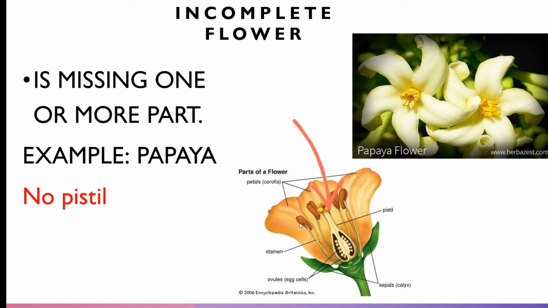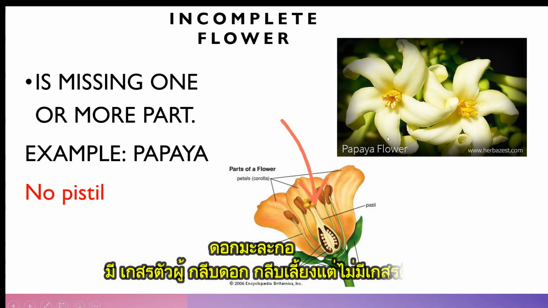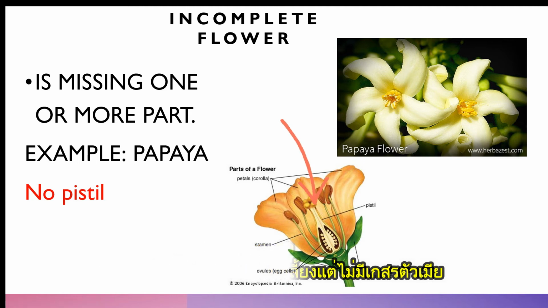Stamen is the male part of a flower, but the papaya flower has no pistil, so it is called an incomplete flower. Papaya flower has stamen, petals, and sepals, but there is no pistil, so it's called an incomplete flower.